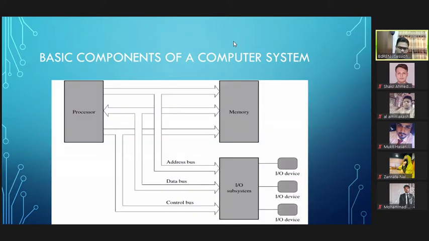Let us talk about our system bus. Do you remember why we call it a bus? Why is it a bus? Of course, a wire can also send from one point to another point. Instead of wire, why do we call it a bus?